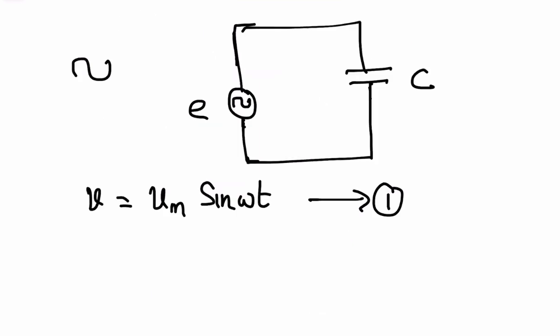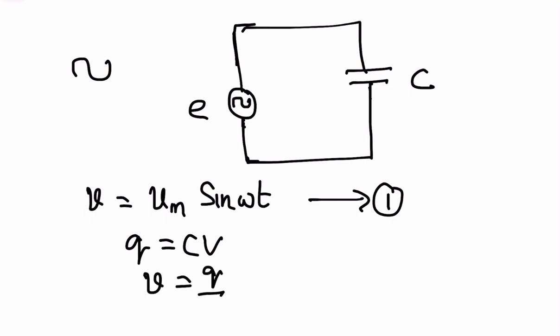We all know the relationship between voltage, capacitor and charge from our second chapter, that is Q is equal to CV, and therefore V is equal to Q divided by C. Let it be equation number 2.